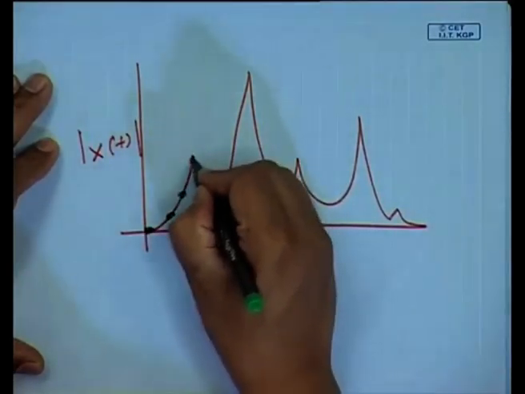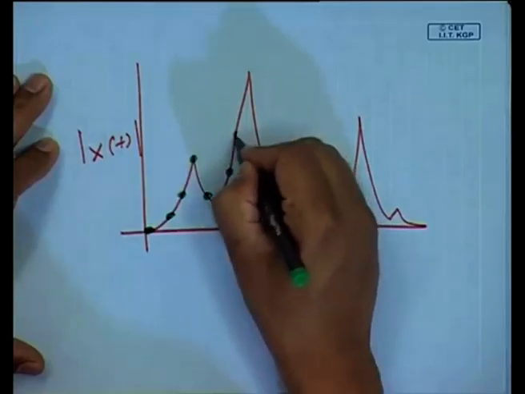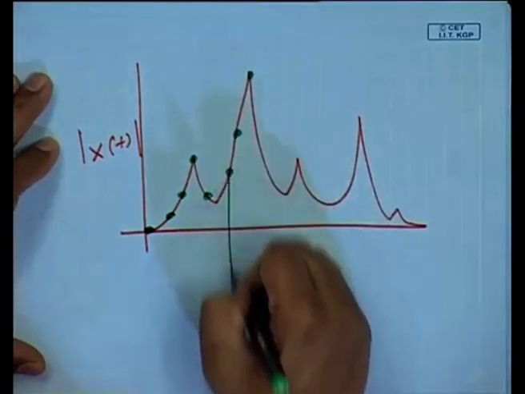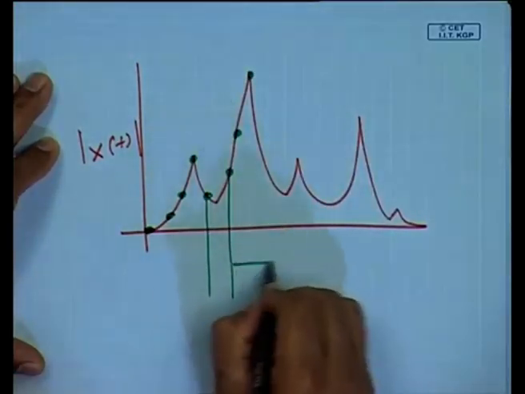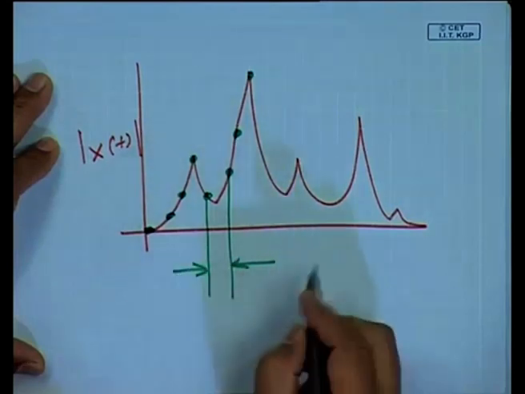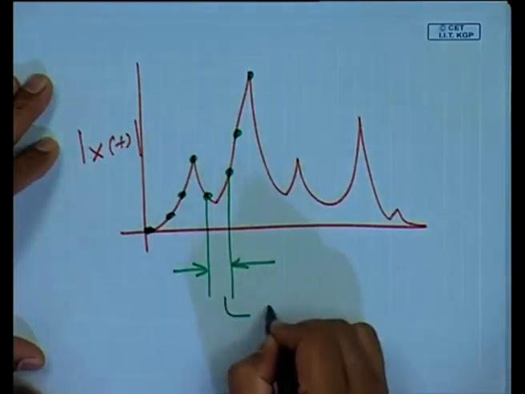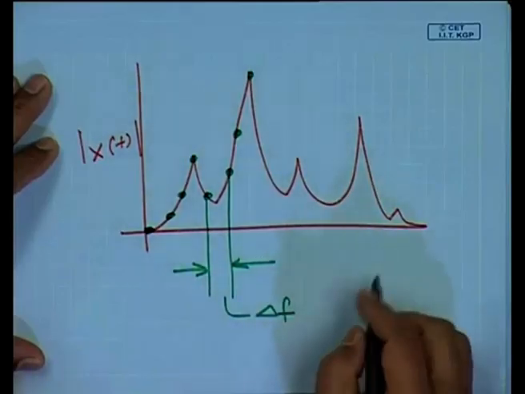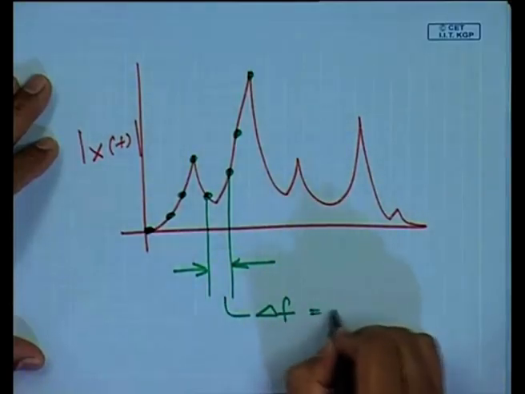So, there are all these individual frequency points. This spacing is now not delta t, but delta f, which is the frequency resolution.